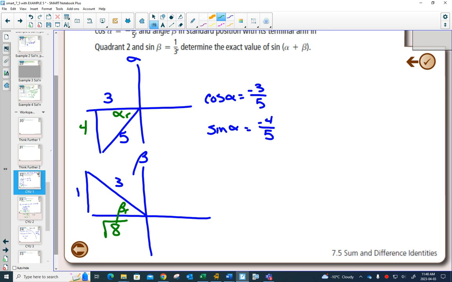We'll let you figure out that that other side is the square root of 8. This lets us, well, we already knew that sine of beta was 1/3. Now we can label cos of beta negative because it's in quadrant 2, will be negative square root of 8 over 3.